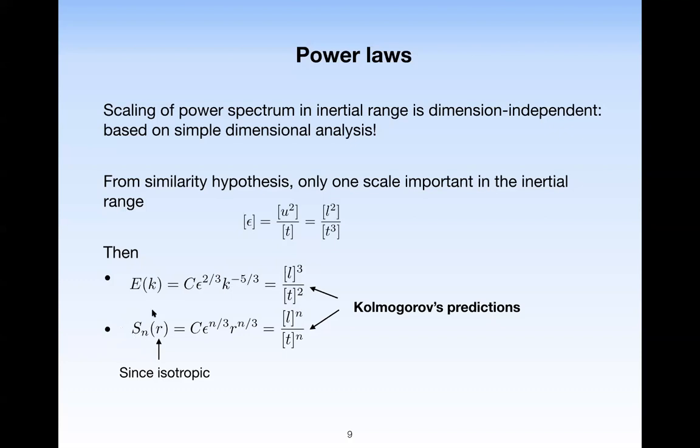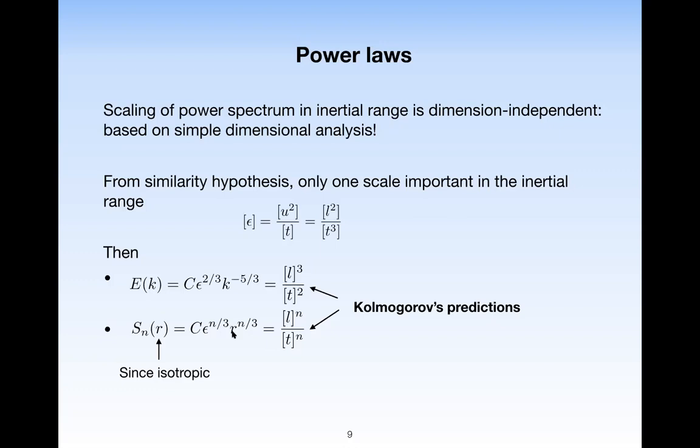Now we can do the same for the structure function. This has units length to the n over time to the n. So treating first the time dimensions, it means that this should be proportional to epsilon to the n over 3. And then since this quantity depends also on the distance between the two points used to construct it, here denoted by r, we should use this to make up the remaining space dimensions.